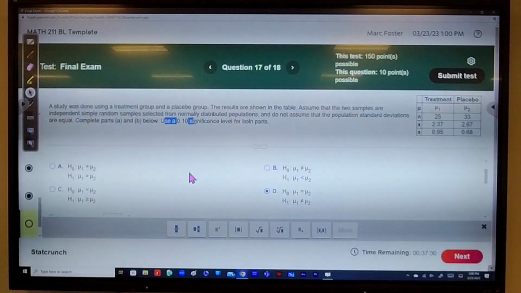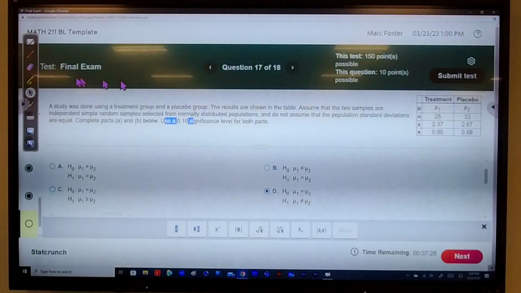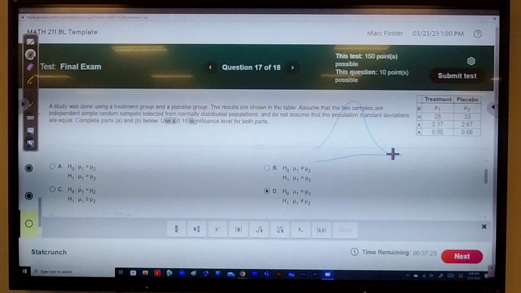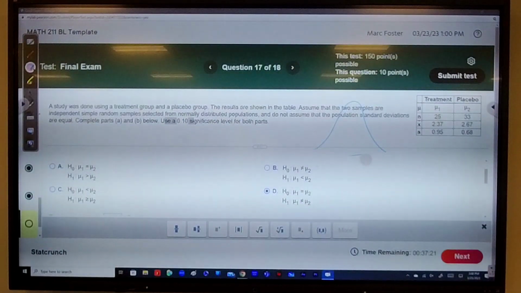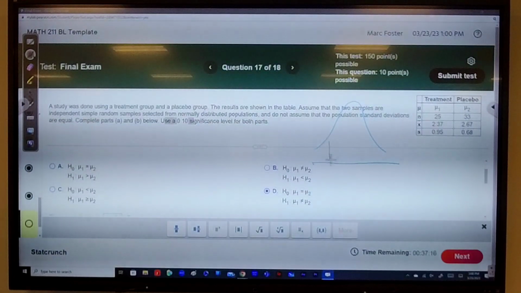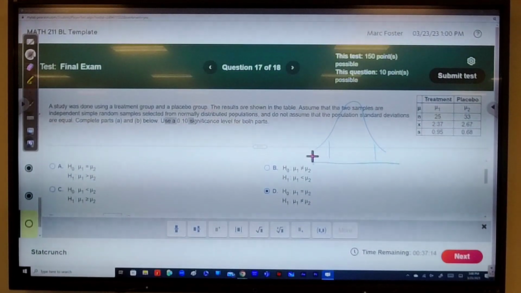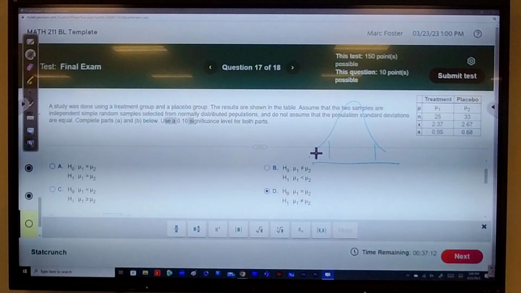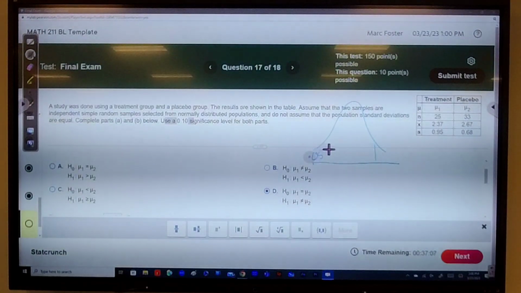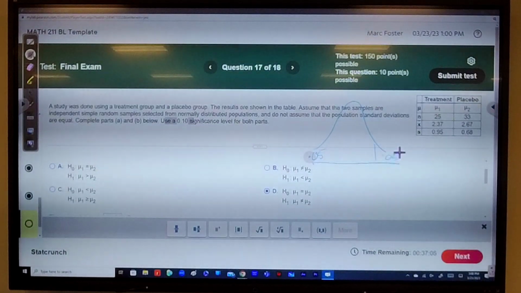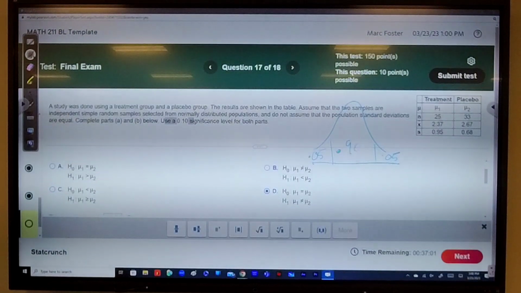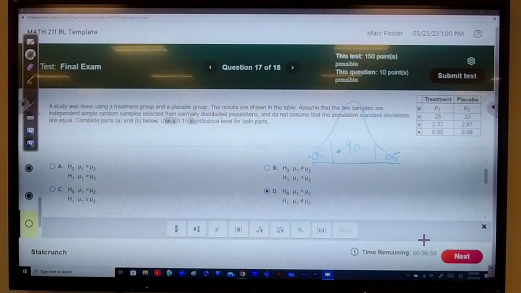So then it's this picture. My alpha is 10%. It's a two-tailed test. So I had 0.05 over here and 0.05 over here. There's 0.90 in the middle, so I should be 90% confident.